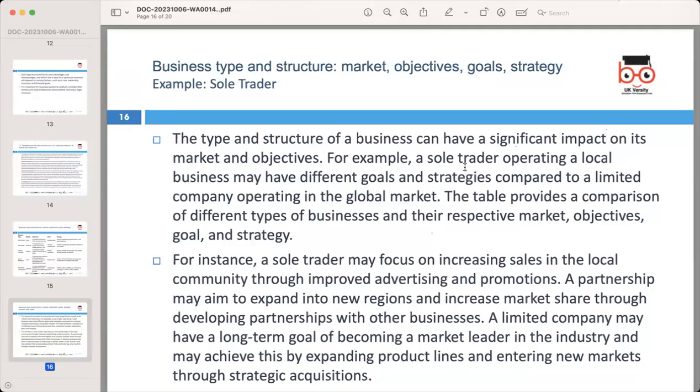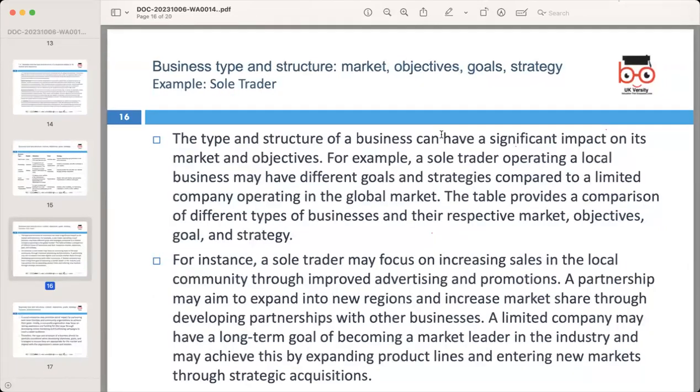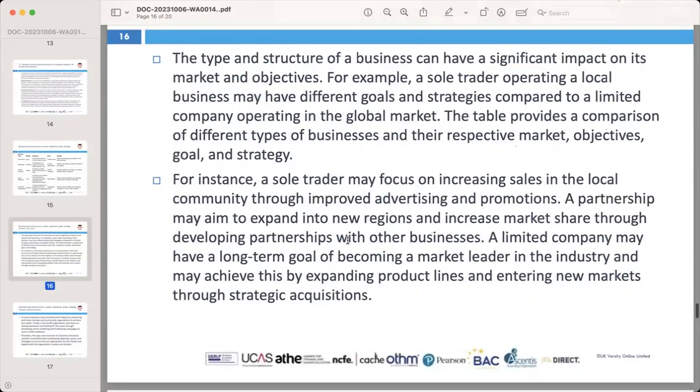Tactics could include distributing flyers, leaflets, placing ads in local newspapers, participating in community events, and using social media to connect with and engage their local customer base. So this was basically an example of a sole trader, or small business. Any questions so far? No questions. Okay.